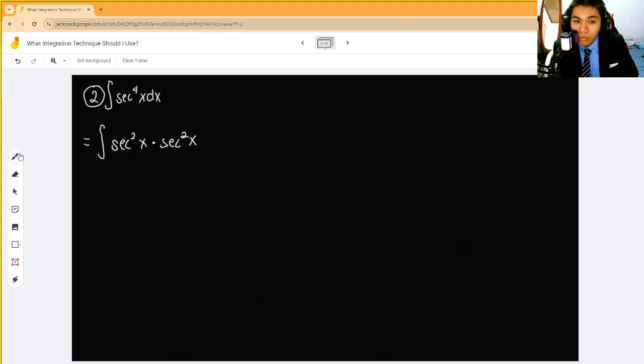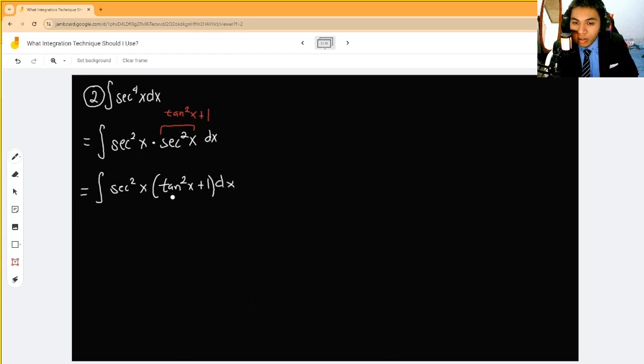And we know that secant squared x is the same as tangent squared x plus 1. Okay, let's put a dx here. So we have the integral of secant squared x times tangent squared x plus 1.